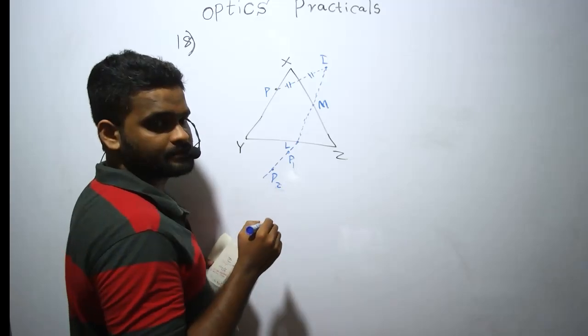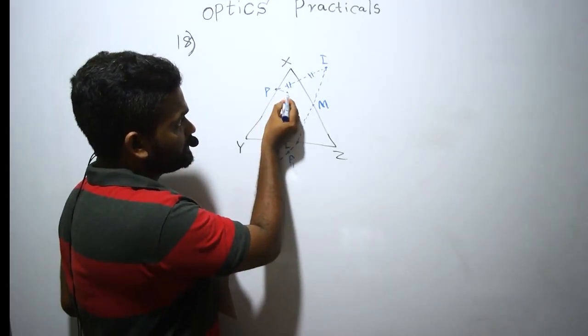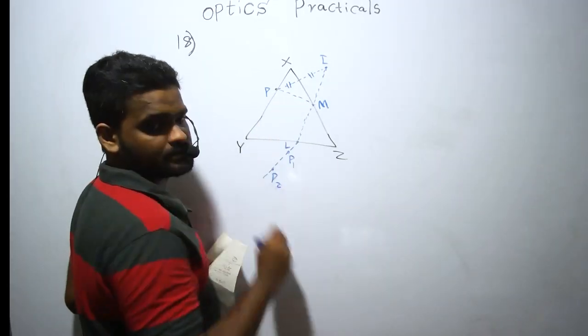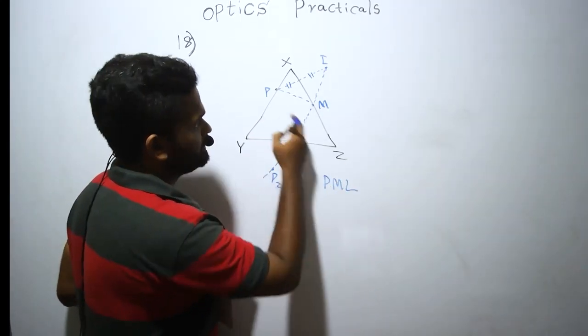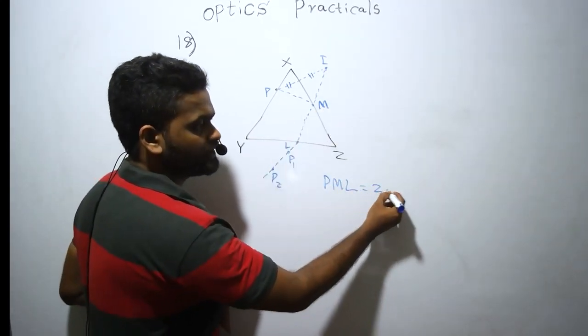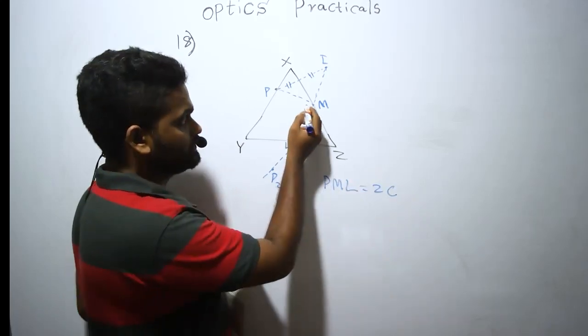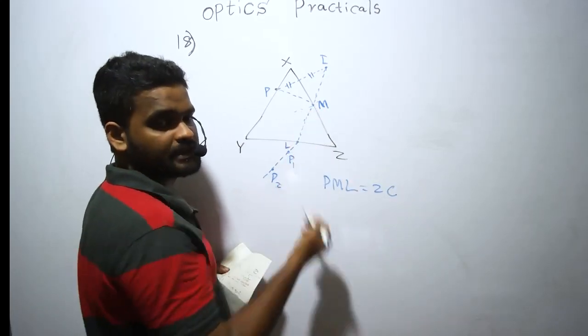Then what happens? Then you draw this PM line. So what do you have? PML. PML is equal to what? 2C, right? Twice the critical angle.